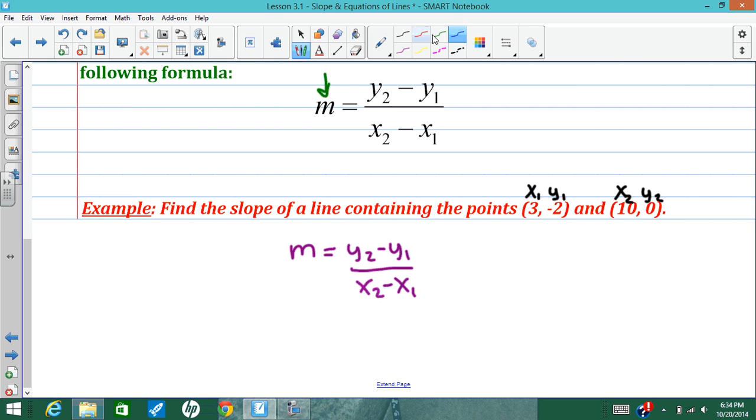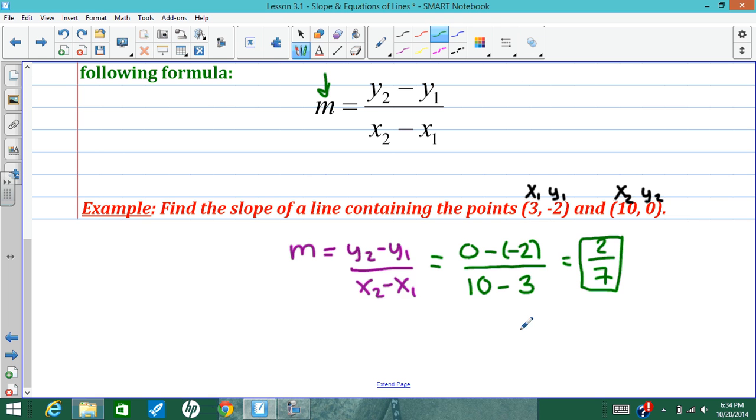So this becomes, like we used to say, a plug and chug problem. So y2 was 0 minus y1, which was negative 2. x2 is 10 minus x1, which is 3. This becomes positive 2 over 7, and that's my slope.